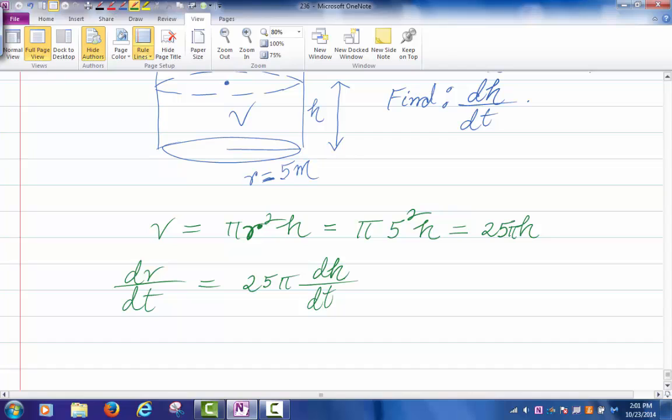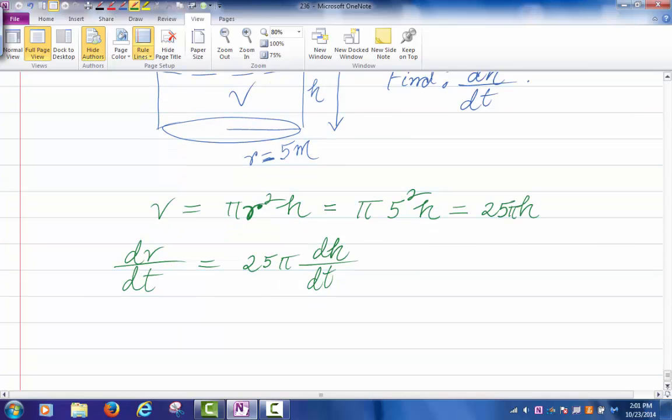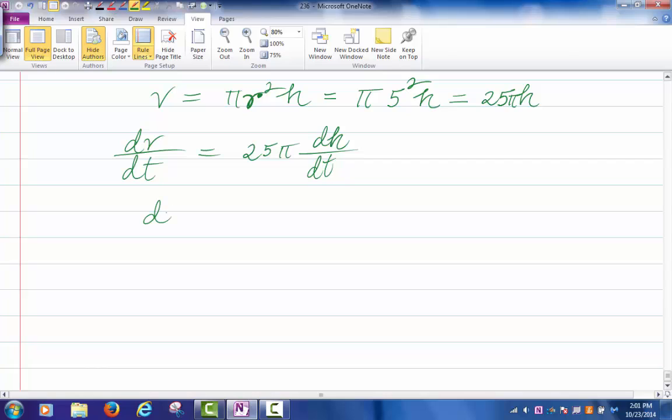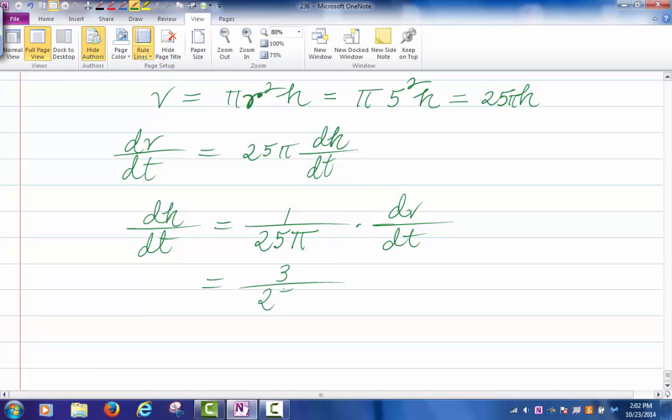And from there it is pretty clear that the rate of h is 1 over 25 pi times dV dt. And because dV dt is 3, we get 3 over 25 pi. And so what's the units? Meter per minute.